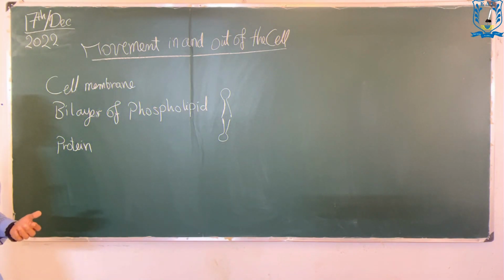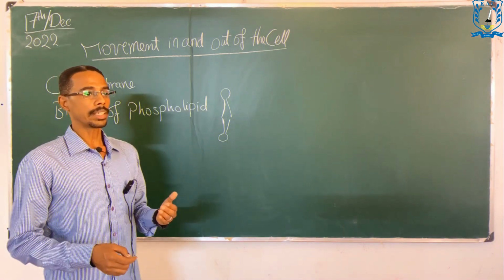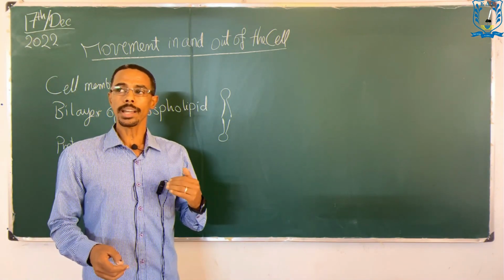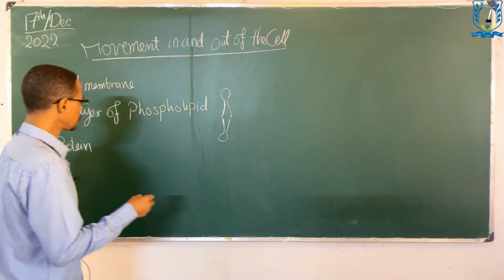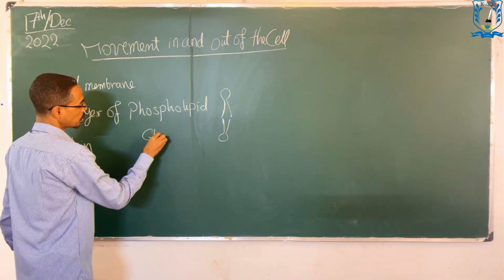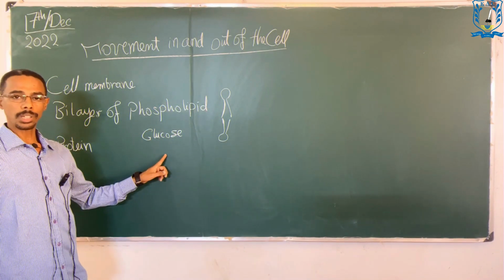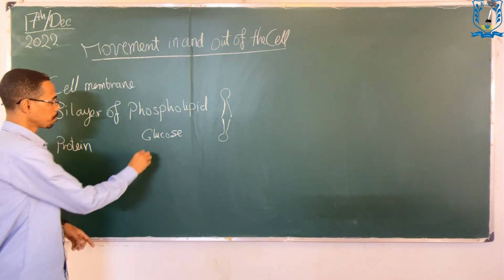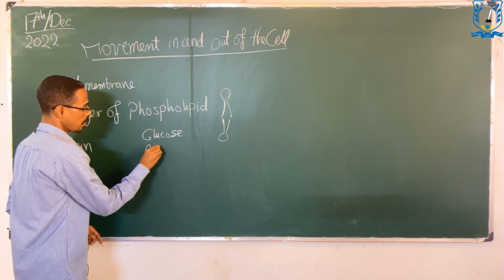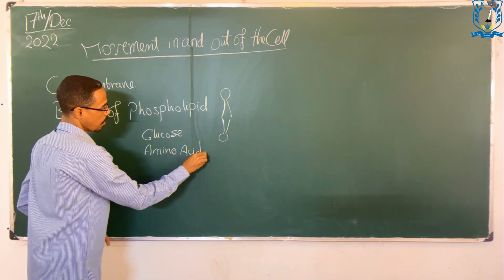So what are the processes by which these substances get in or get out? First of all, let's list the particles or substances that get inside the cell and some that get out of the cell. Substances will be like glucose. Every cell needs glucose to do cellular respiration. Amino acids.